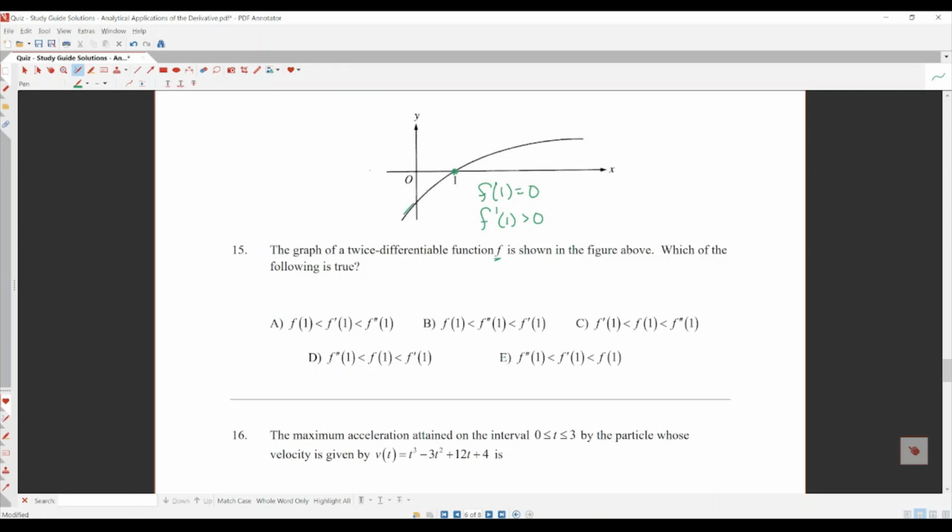I also know the function is concave down. So that means f double prime of 1 has got to be negative. So therefore, f double prime has got to be less than f, which has got to be less than f prime. And so D is the answer.